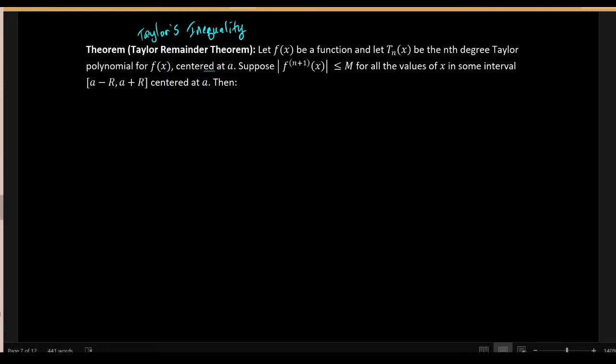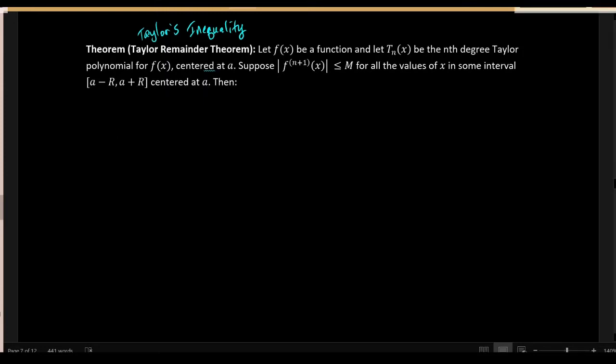Now suppose that if I took the n plus 1 derivative of the function, that output is always squeezed between, at the lowest, -m, at the highest, +m in value, for all the values of x in some interval centered at a that we are considering in our application.